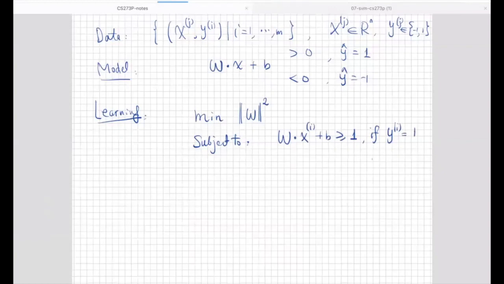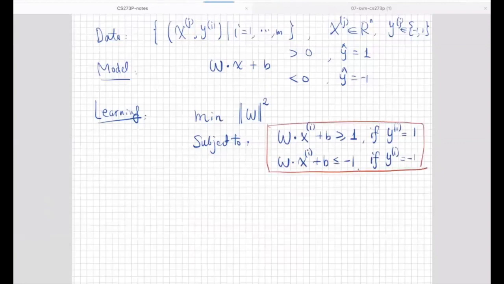And otherwise, if yi is equal to -1, we want to make sure that this score is below that separating hyperplane. So that's two constraints. Even though we have two constraints, in fact only one of them applies to each sample. So overall, we have M constraints.